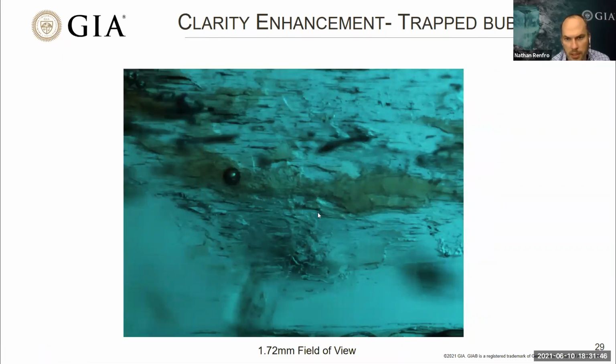This was a large void that was a fluid inclusion, and it reached the surface. And so the clarity enhancing resin entered into this larger cavity, and it was wide enough so that you could see the sort of brownish color of the oil or resin.